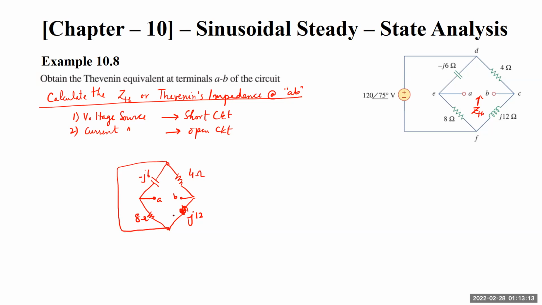So just simply short both of them together. It's always good to label it, so this is A, D, E, F, and this is C.